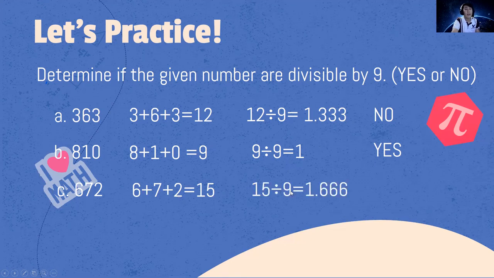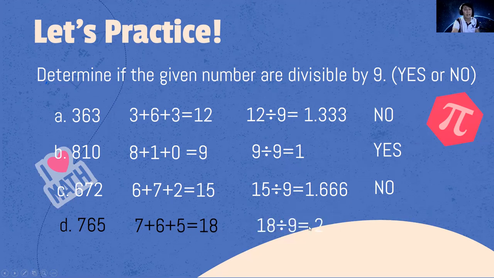Then 15 divided by 9 is 1.666. There is a remainder, there is a decimal point. Therefore, 672 is not divisible by 9. 765. Let's add all the digits. 7 plus 6 plus 5, that is 18. 18 divided by 9, that is 2. Therefore, 765 is divisible by 9.